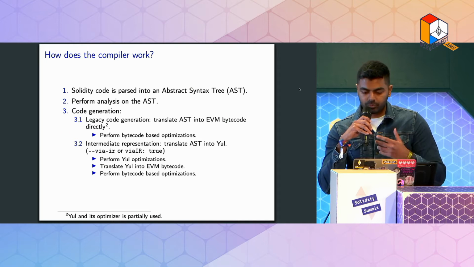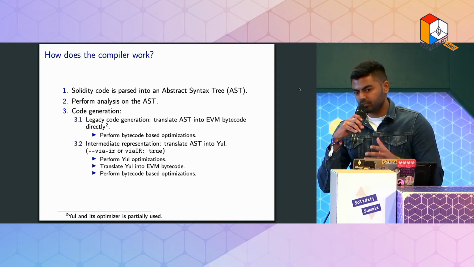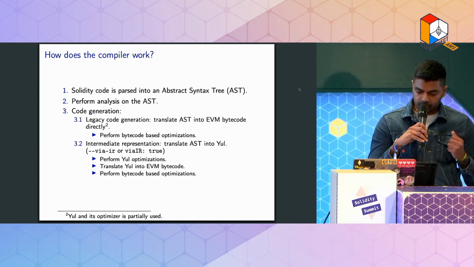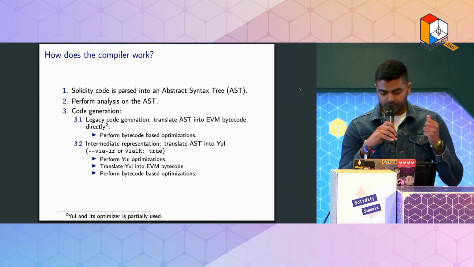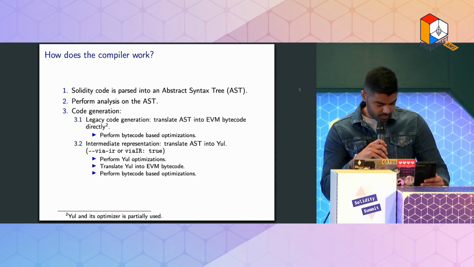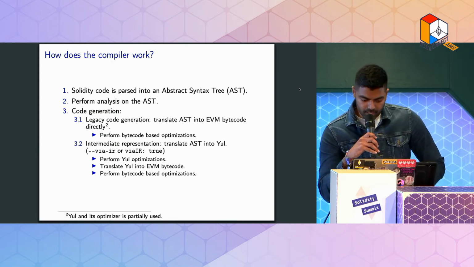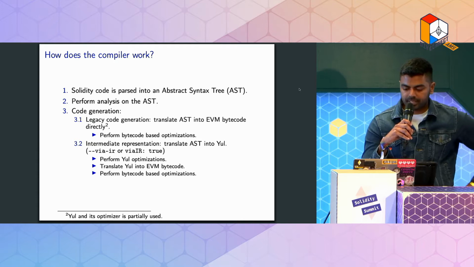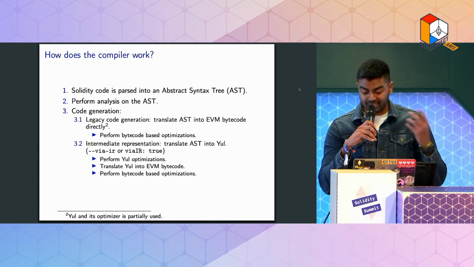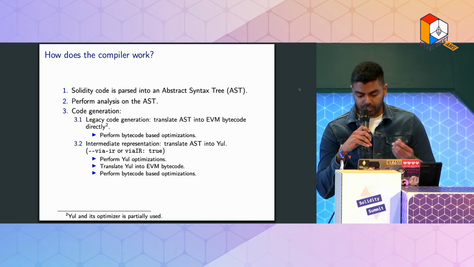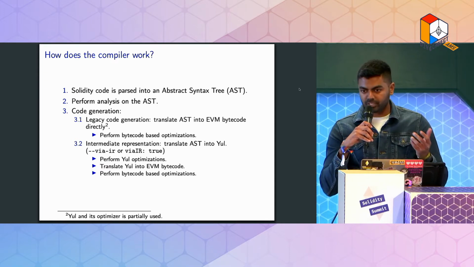You are probably familiar with Yul. It's very similar to the assembly syntax. And now you can perform the Yul optimizations. Once we have the optimized Yul code, you can translate this code into EVM bytecode. And once you have the EVM bytecode, you can again do bytecode-based optimizations on it.